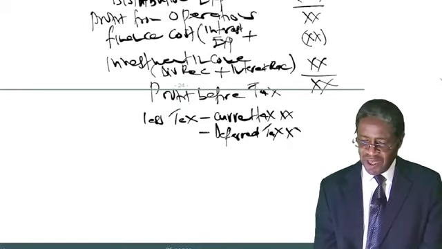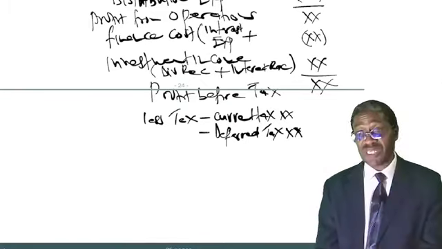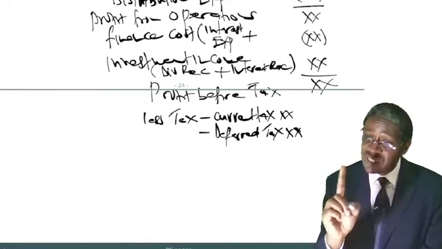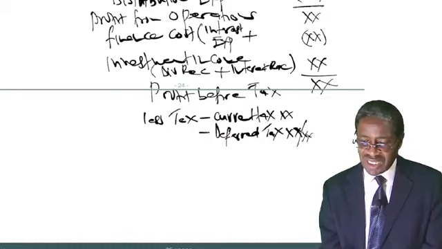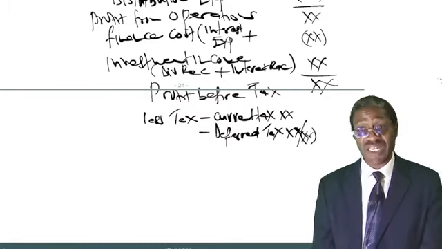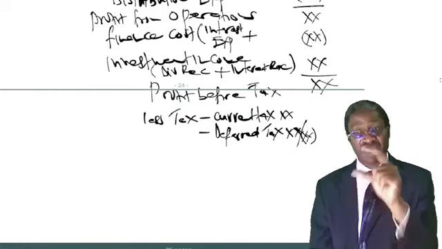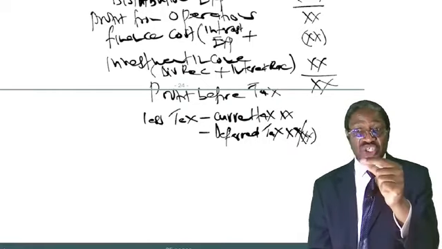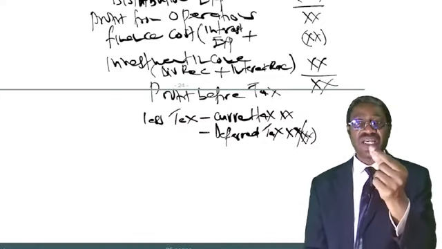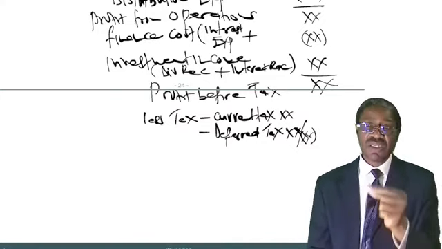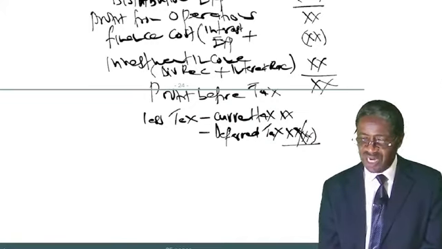Now listen, for deferred tax, there are times you add it to the amount of the current tax, and there are times you deduct it from the amount of the current tax. That is something we shall discuss in details a short while from now.